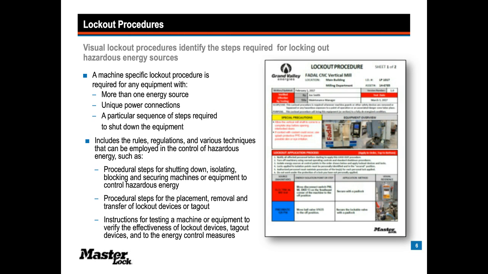And as a best practice, it should include instructions for testing machinery to make sure that there is a fully isolated state before allowing people to go to work on it. This is so important in group lockout because verification should be done by each person participating in the lockout procedure, but often is handled by a representative of the group.